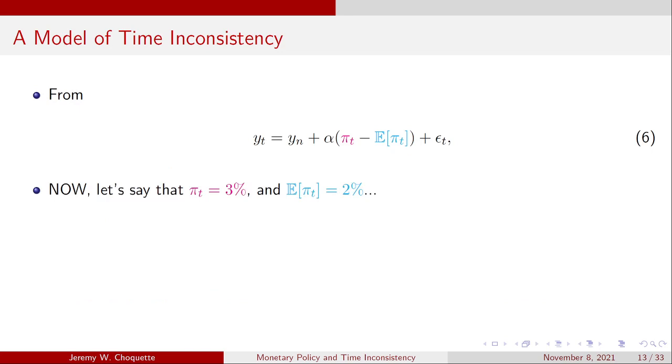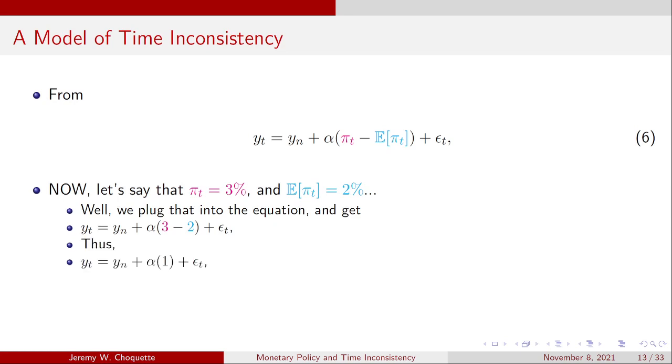So from this, let's do another example. Let's say now that observed inflation, like actual inflation, is 3% and expected inflation is 2%. Well, we're going to plug that into our equation. I get Y_t equals Y_n plus alpha times (3 minus 2) plus shocks.